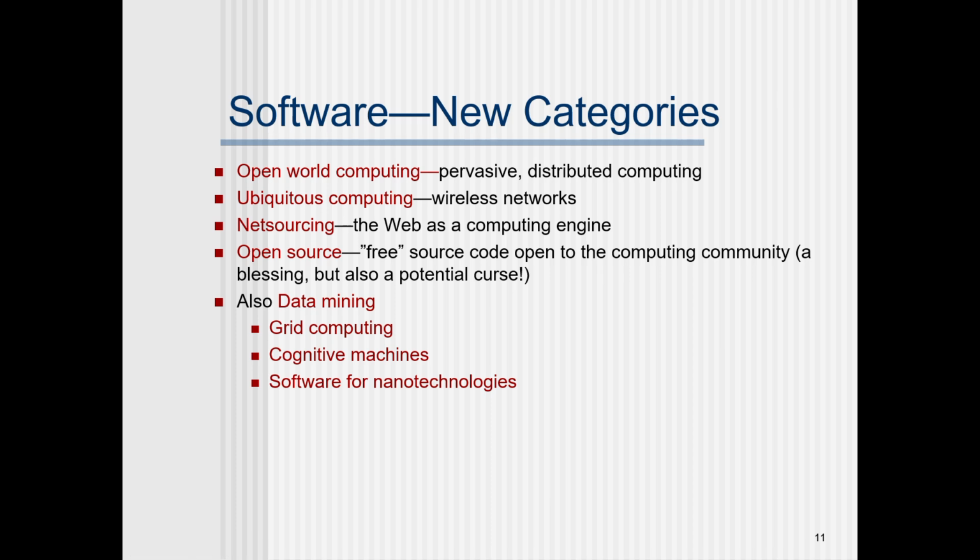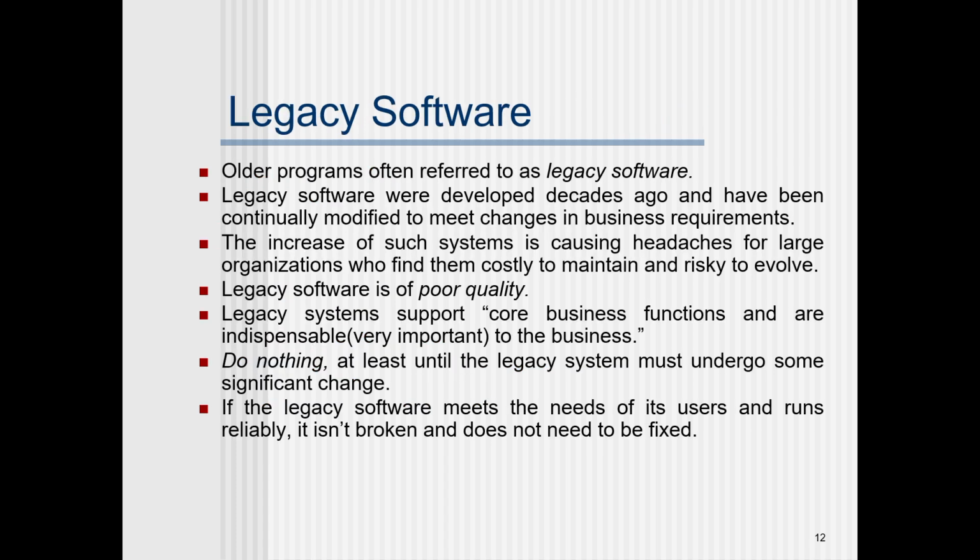That is the best example of ubiquitous computing. Knowing the meaning of ubiquitous computing will help you map why wireless networks is the example. Net sourcing is the web as a computing engine, and open source is free source, open to the computing community.